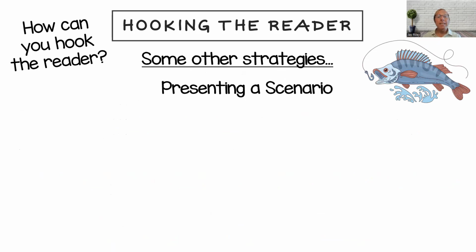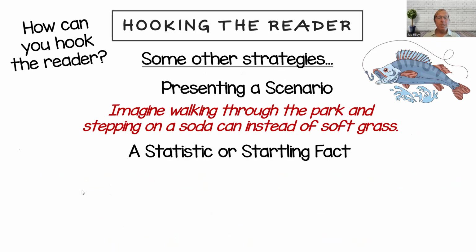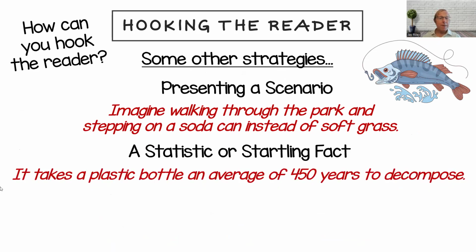We can present a scenario for our reader. Imagine walking through the park and stepping on a soda can instead of soft grass. We can use a statistic or a startling fact. And now this requires the students to do a little bit of research on their own. They might say it takes a plastic bottle an average of 450 years to decompose.